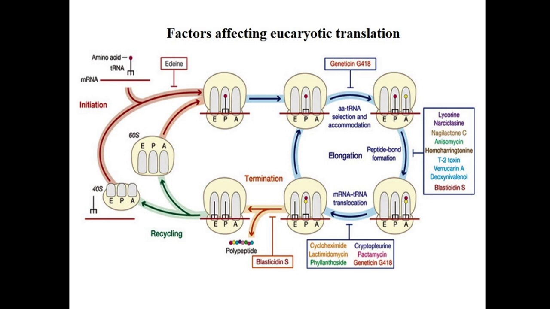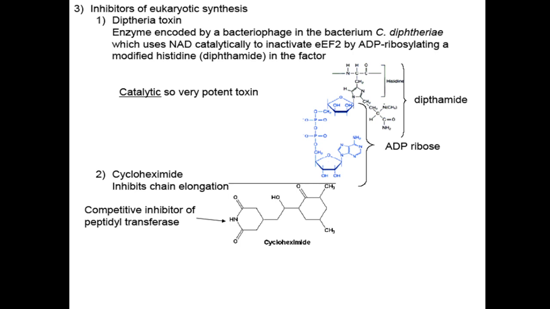You can see that different steps of translation can be inhibited by corresponding antibiotics. Oncology will be studied in more detail later. And inhibitors' mechanism of action can influence eukaryotes.